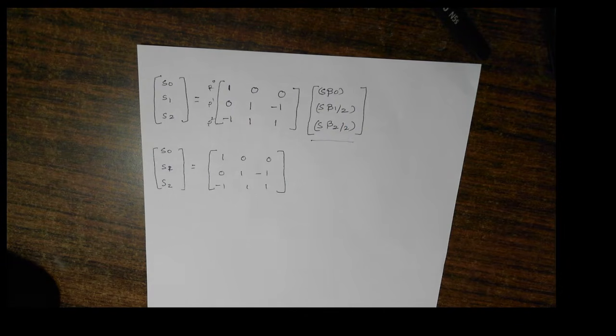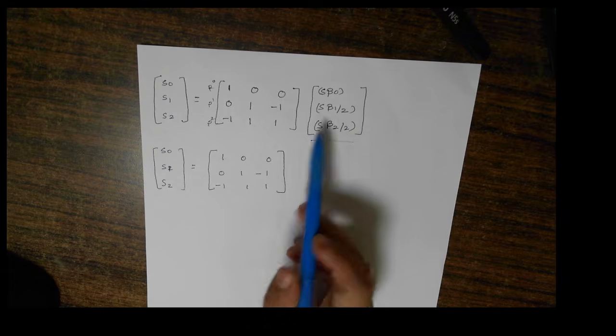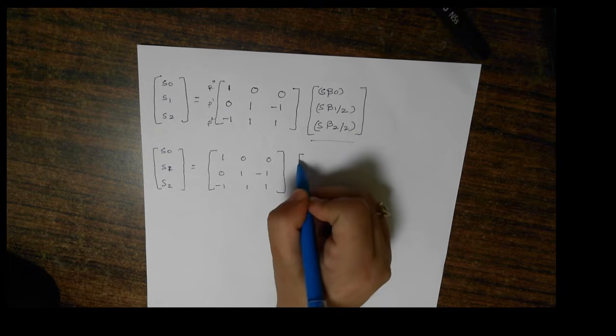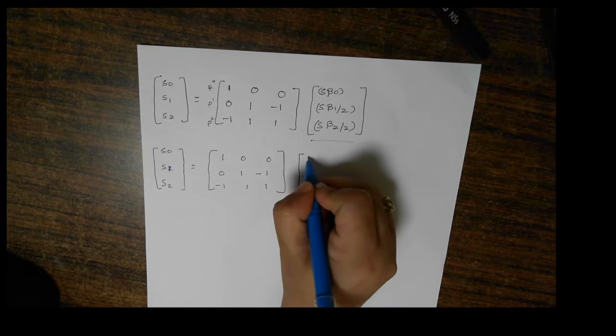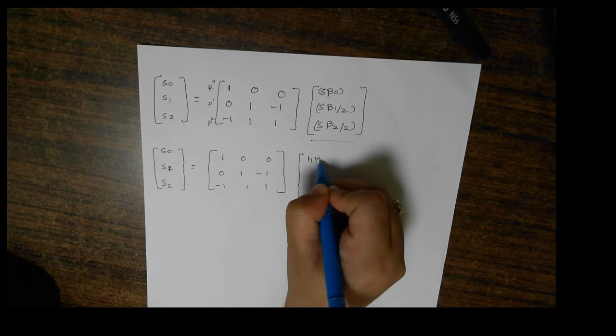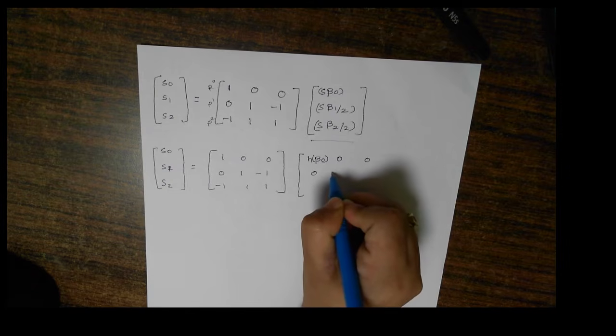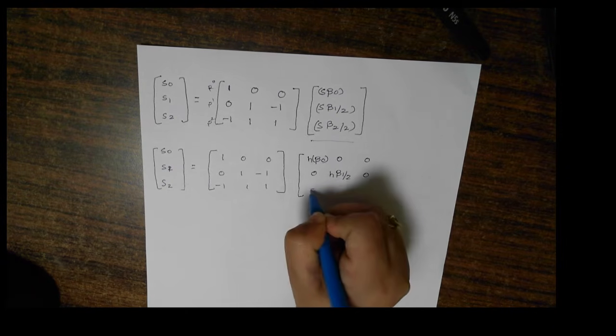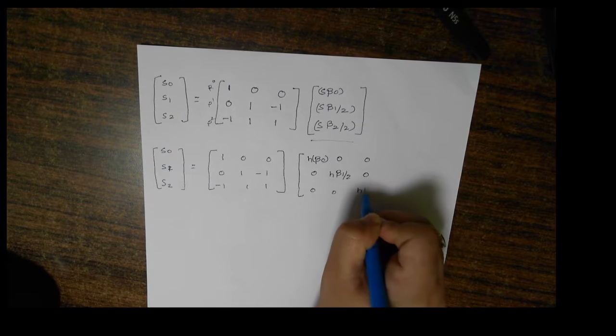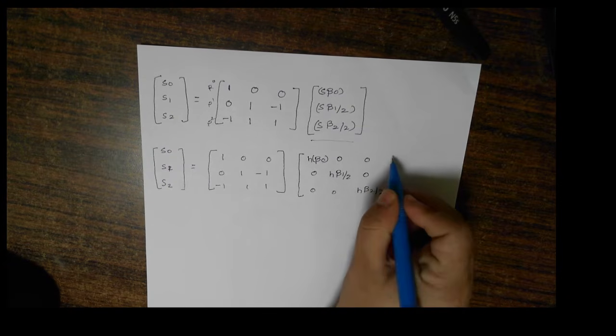So remember, h beta 0 is always a pre-computed matrix. So all the denominators should go to h beta 0. Therefore, we'll write down h beta 0, 0, 0, 0, h beta 1 by 2, 0, h beta 2 by 2.